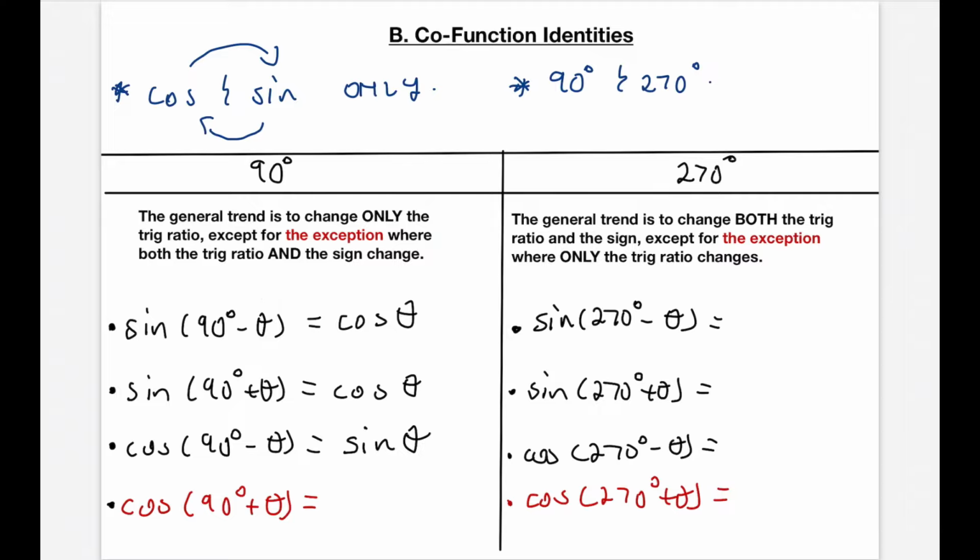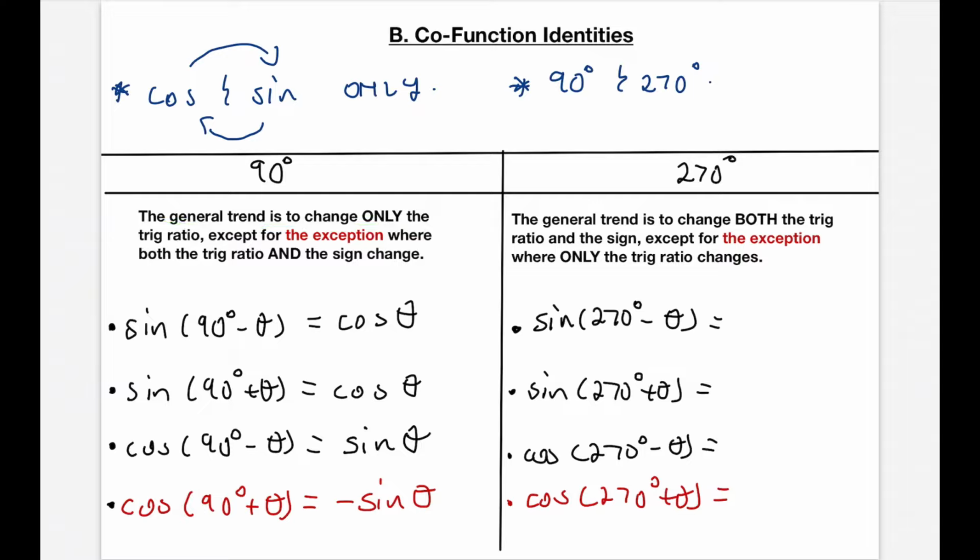However, there is an exception, particularly the cos of 90 plus theta. That becomes negative sine theta. And that's why if you read the statement I've given for you here in the notes, the general trend is to change only the trig ratio. In other words, a sine becomes a cos becomes a sine. Except for the exception, which I've also shown down here in red, where both the trig ratio and the sign change.